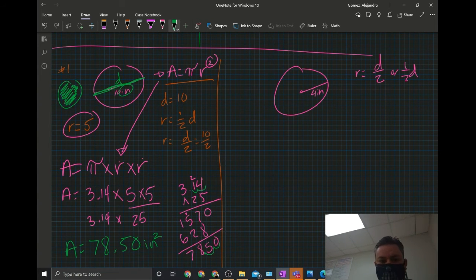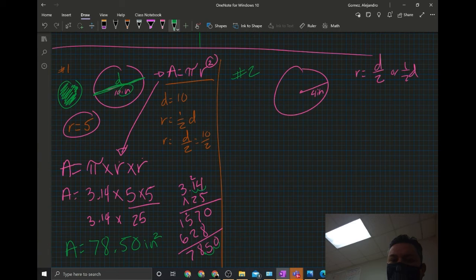Now for number 2. Same thing. The formula A equals pi times radius squared, but remember, we're going to rewrite it as pi times radius times radius.